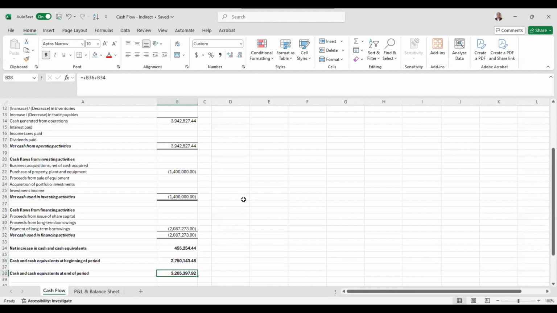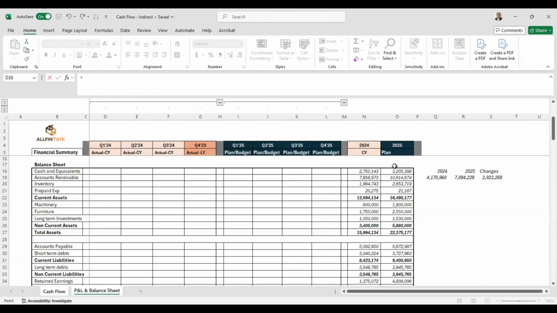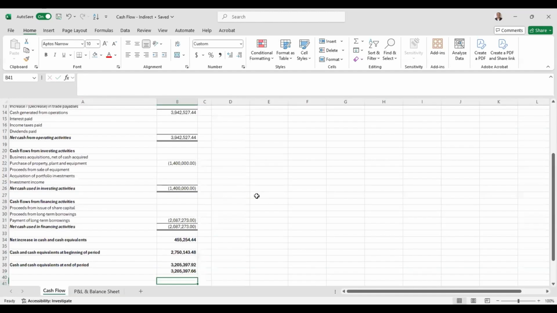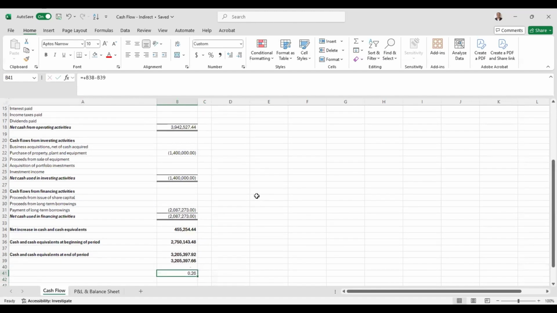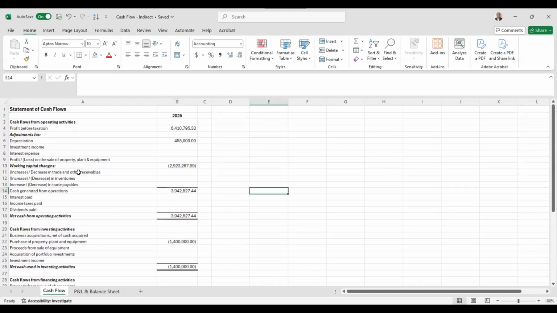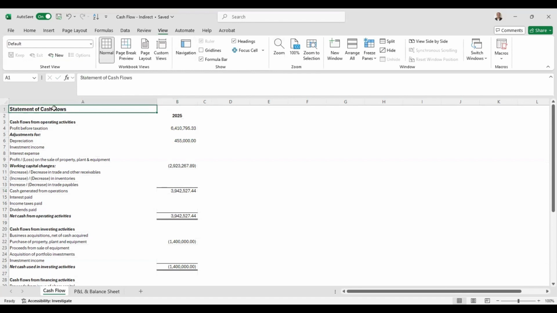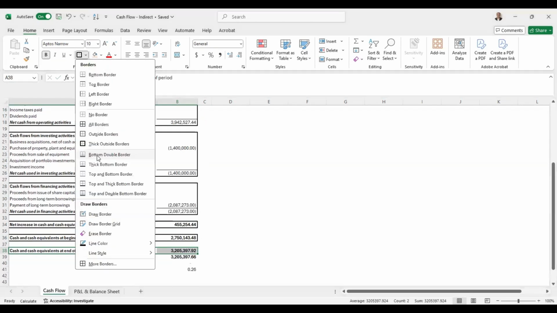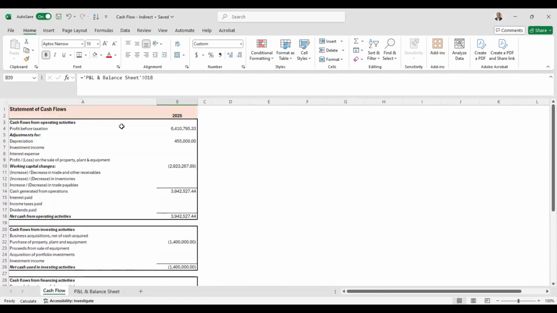The ending balance, if I've done everything correct, should tally with my cash at the end of the period. And as you can see over here, this balance is tallying. So my working is correct. So now I can bring it in a good desired shape, and my cash flow here is ready. Okay. So this is preparation of cash flow using the indirect method.